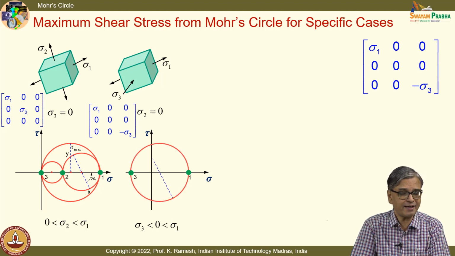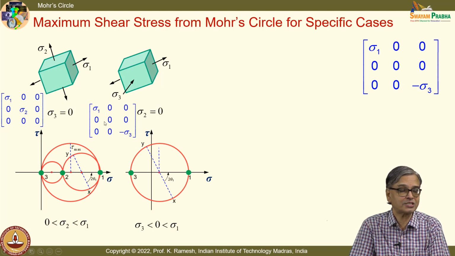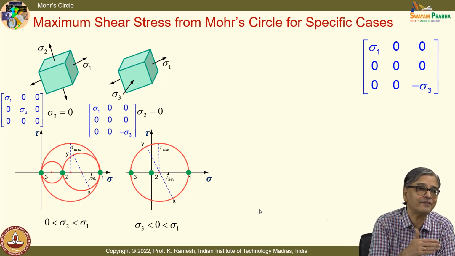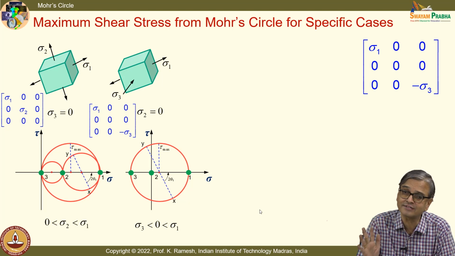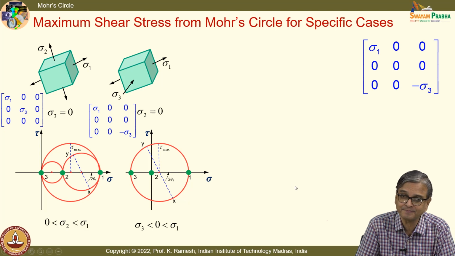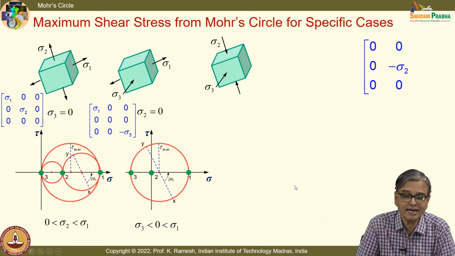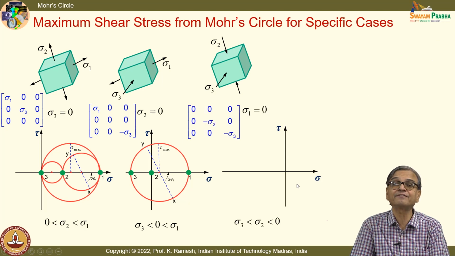Okay. Suppose I have sigma 1 and sigma 3, where one is positive and the other negative. Whether I worry about the sigma 2 as 0, it is immaterial. It is not going to affect me as long as I am finding out what is the maximum shear stress. Because invariably I will find out what is the global maximum. On the other hand, when both these stresses are negative, then I have this situation.